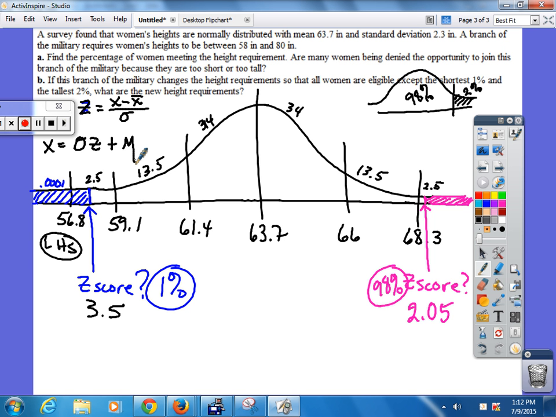How do you know which one we're trying to use? Well, do we have a z-score? Right, so we don't need this one. That means we're going to be using this one, because we already have a z-score. We don't need to figure out a z-score. We already found it.